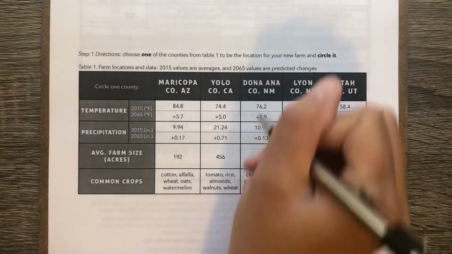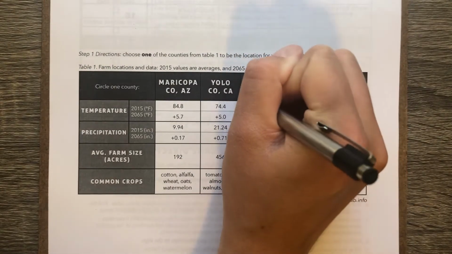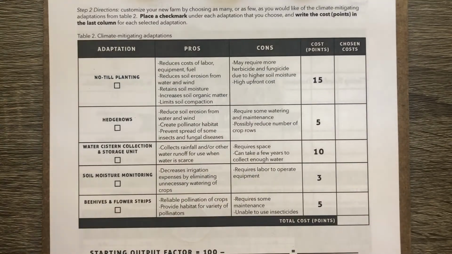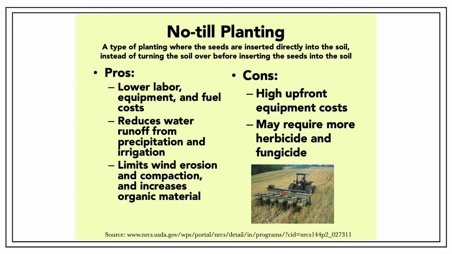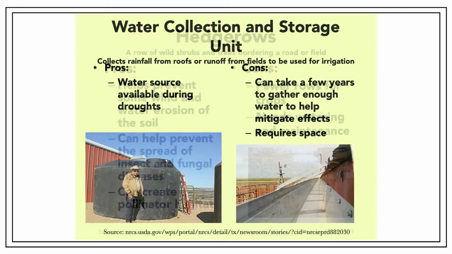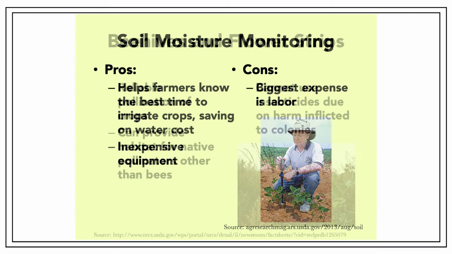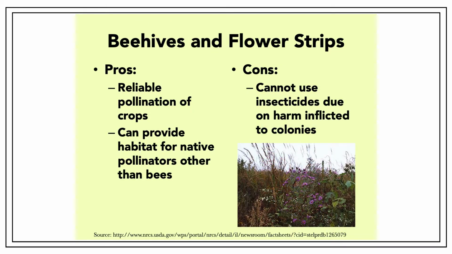First, students will choose a location for their farm from one of the 5 counties listed on the handout and circle it. Then on page 2, they'll choose climate mitigating adaptations that can reduce the impact of climate change on the farm. Use the PowerPoint to give an overview of the options: no-till planting, hedgerows, water cistern collection and storage unit, soil moisture monitoring, and beehives and flower strips.